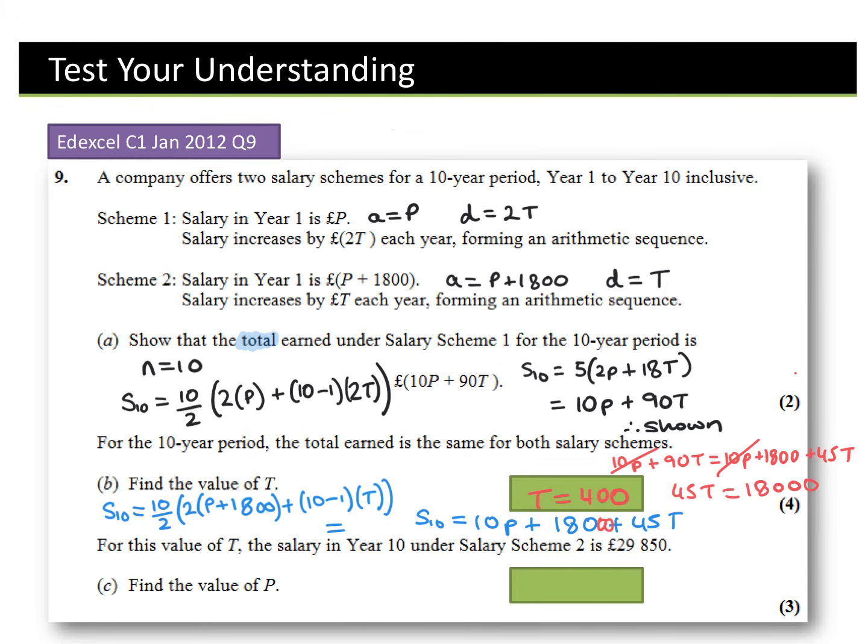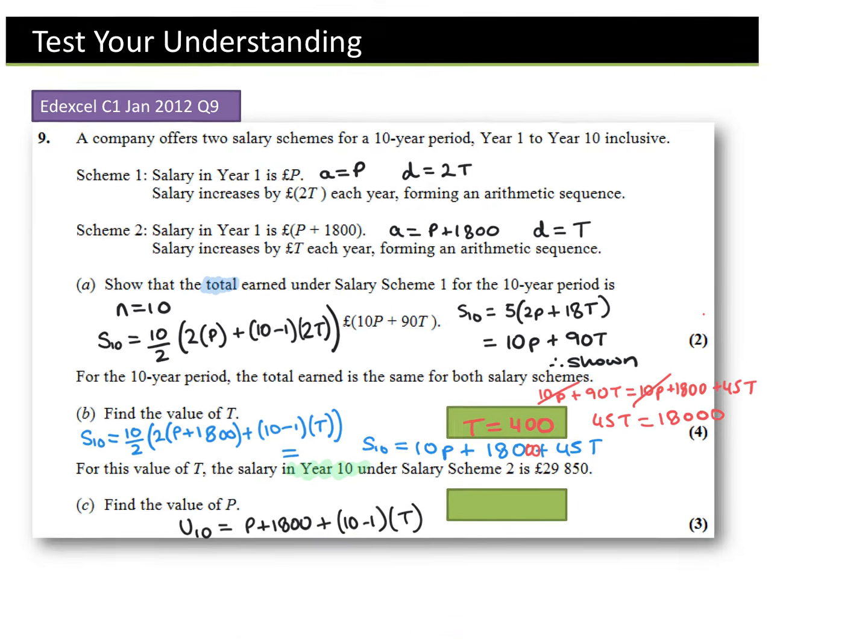The next one says, for this value of t, the salary in year 10, under scheme 2 is 29,850. Find the value of P. So because it says in year 10, we're looking at the 10th term. Now U10 equals A plus n minus 1 lots of d. Now remember we're on scheme 2. Our A is P plus 1,800, plus 10 minus 1 lots of d, which is t.